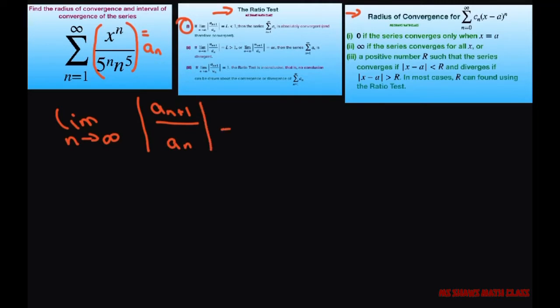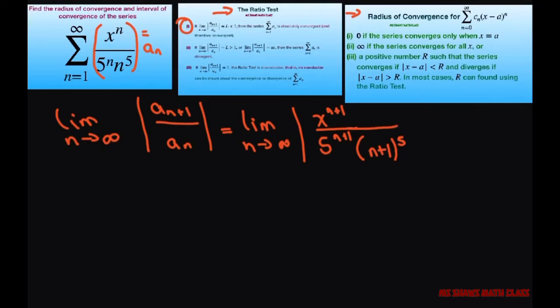And then that's going to equal the limit as n approaches infinity of the absolute value of x to the power of n plus 1 divided by 5 to the power of n plus 1 times n plus 1 to the fifth power. Now, we're dividing by a sub n, which is the same as multiplying by the reciprocal.